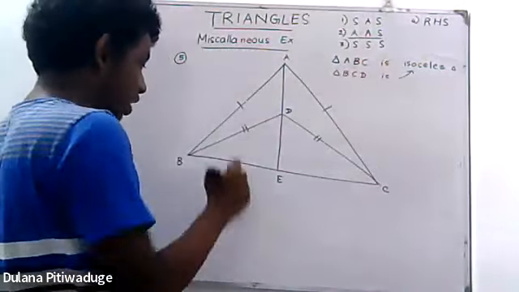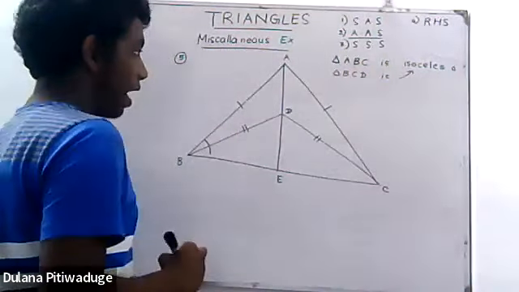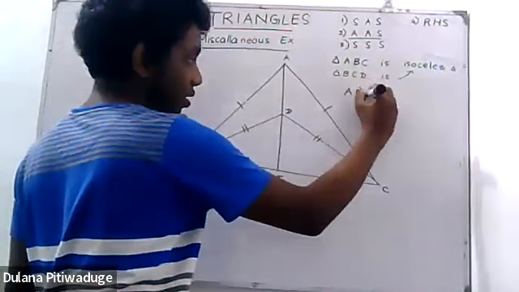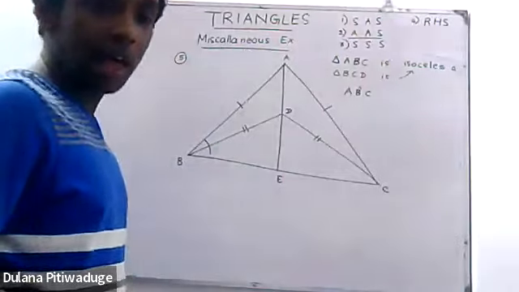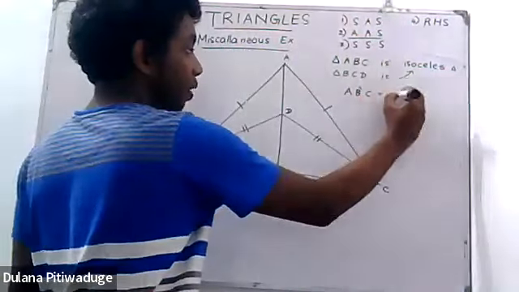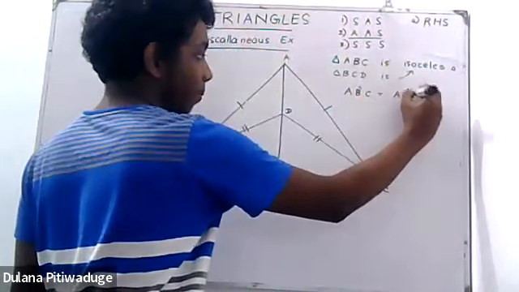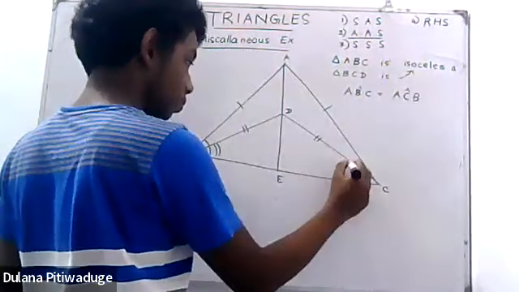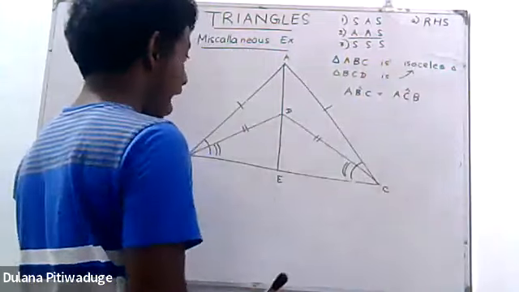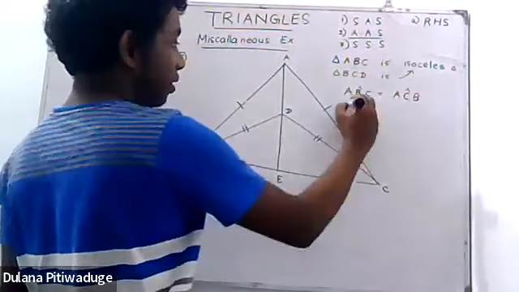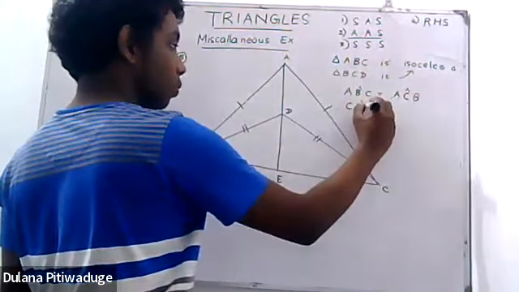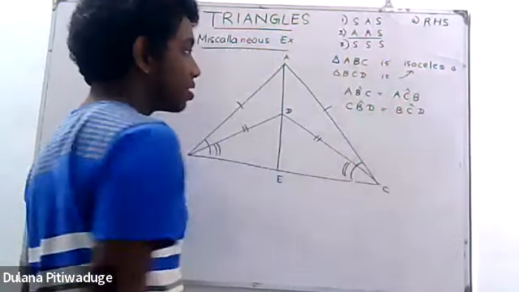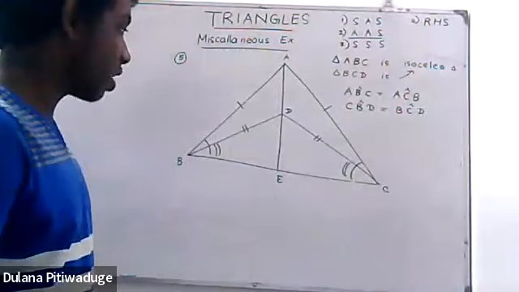So from those facts, we can say that as ABC is isosceles triangle, angle ABC is equal to angle ACB. Similarly, angle CBD is equal to angle BCD, as triangle BCD is isosceles triangle.